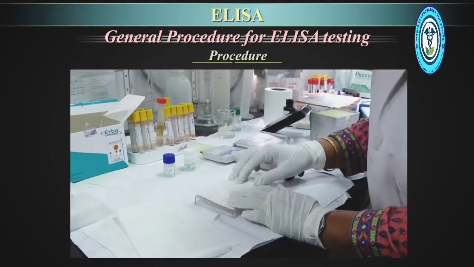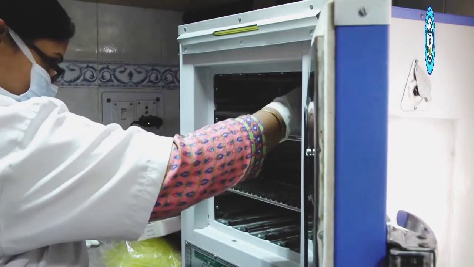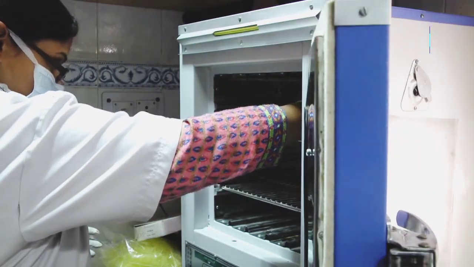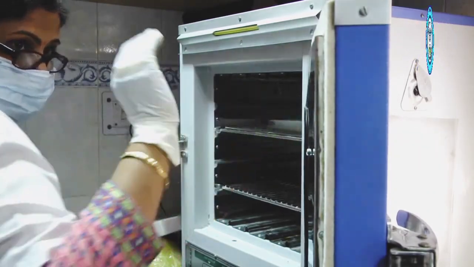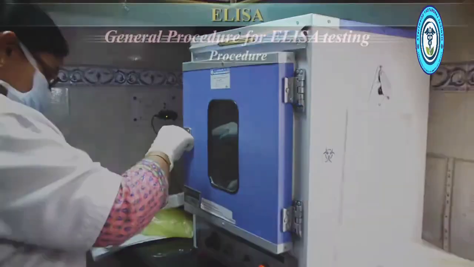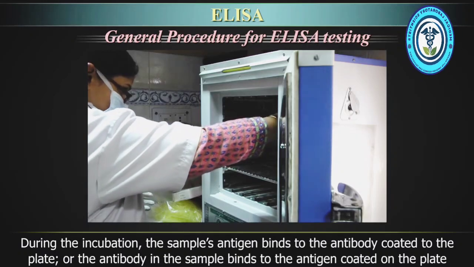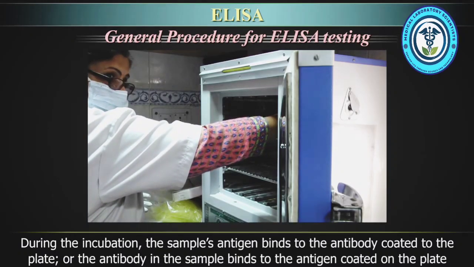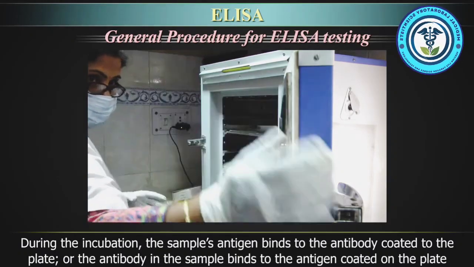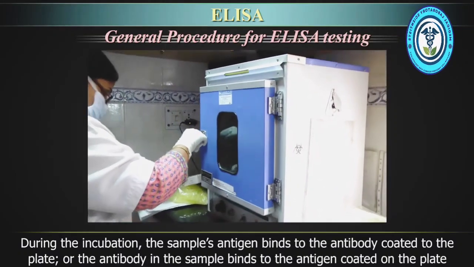Cover the wells with strip sealers and black cover and incubate at temperatures ranging between room temperature and 37 degrees Celsius for a determined period of time according to the test requirement. During the incubation, the sample's antigen binds to the antibody coated to the plate, or the antibody in the sample binds to the antigen coated on the plate.